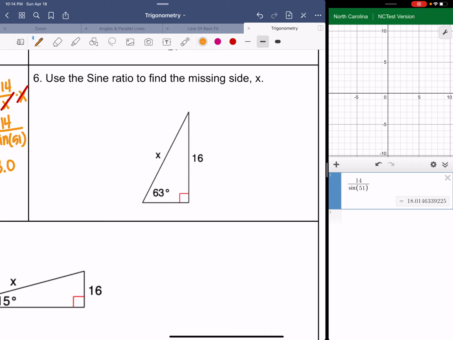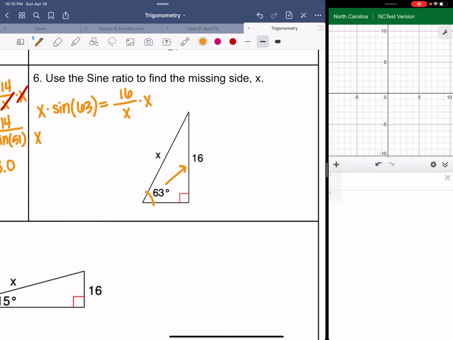Okay, number 6. This one is also, we're looking for the hypotenuse. In this one, we are going to set up sine. So we have the angle 63, so that's going to be sine of 63 equals the opposite over the hypotenuse. Okay, so again, we want to solve for x, so we're going to do times x on each side. That leaves us with x times the sine of 63 equals 16 because the x's cancel each other out.